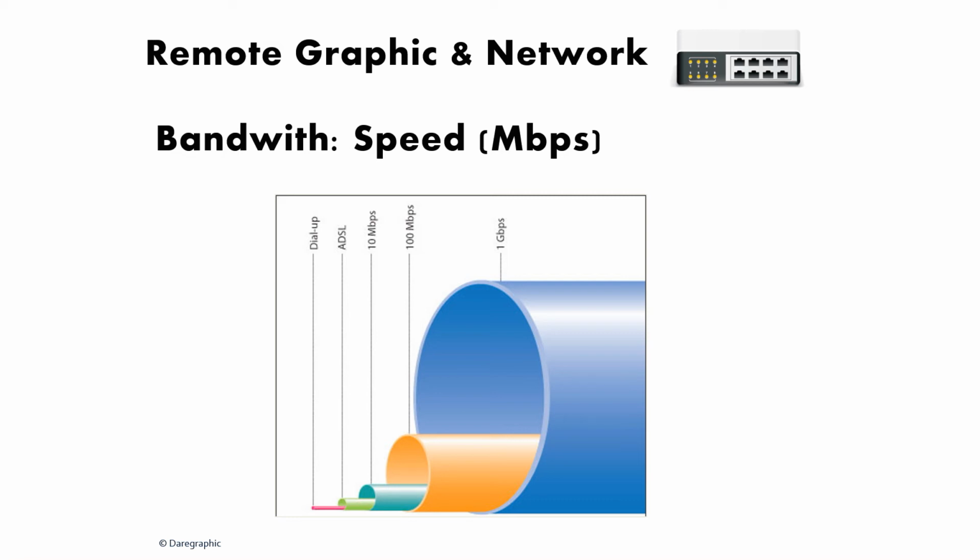So the bandwidth, which is the size of the pipe. Many people confuse that with, well, I need the maximum bandwidth and I need to talk to my ISP because I cannot do remote graphic from my house. Well, that's not necessarily the case. It depends what type of environment you have.